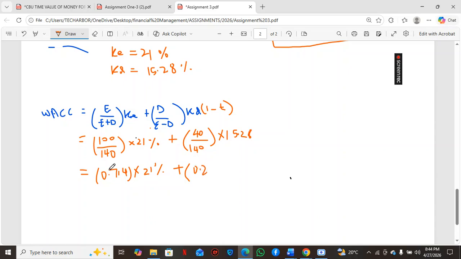You must make sure these two weightages add up to 100%, or 1.